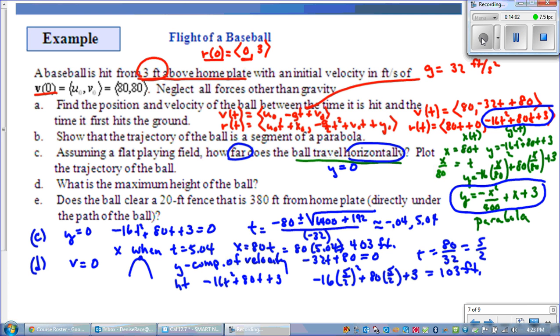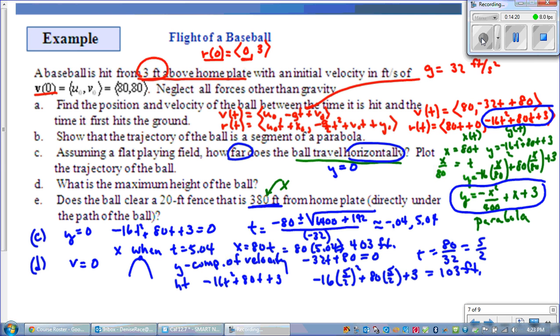Now, does the ball clear a 20-foot fence that's 380 feet from home plate? Okay, so we're talking about the distance from home plate. That's a horizontal distance. So this will be an x value.